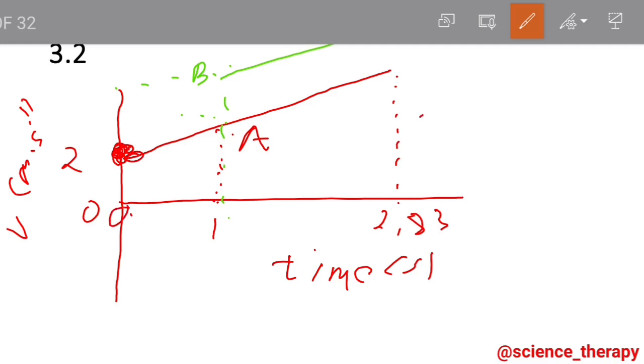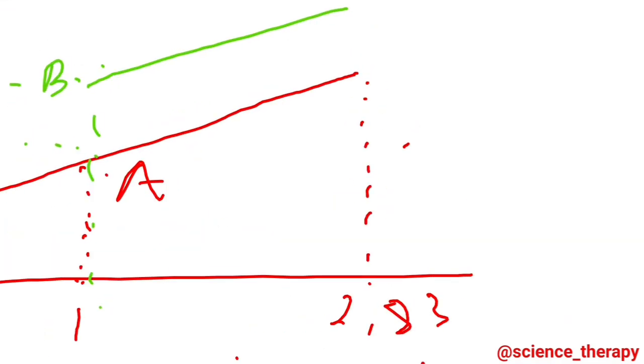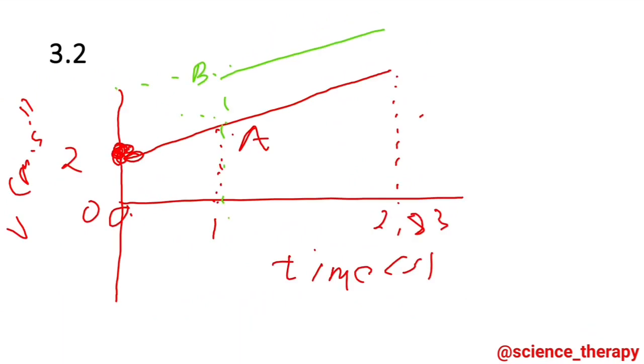So ball A had a journey of 2.83 seconds. Its whole journey took 2.83 seconds. And ball B, its whole journey starting from T1 to T 2.83 took 1.83 seconds. So that's how you indicate that one, right? So here obviously you'd have it going all the way to that one. So yeah, awesome.